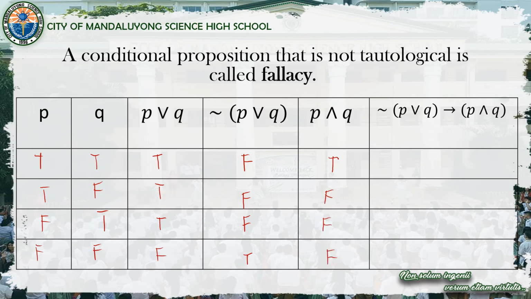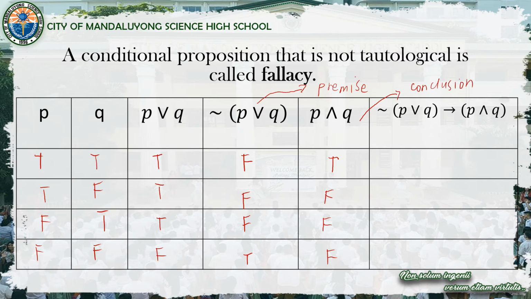Okay? Now, we are going to apply yung sa implication naman. Anong sabi natin? For the implication, so in this case, etong fourth column natin, this will be our premise. And then, etong fifth column natin, this will be our conclusion.